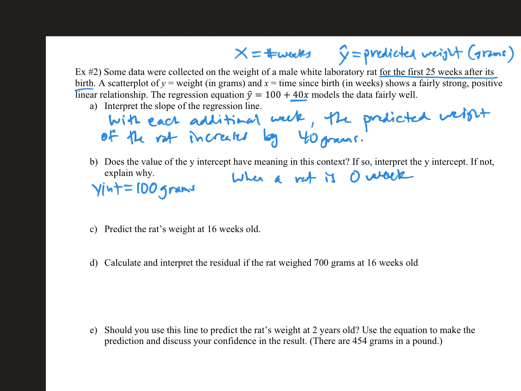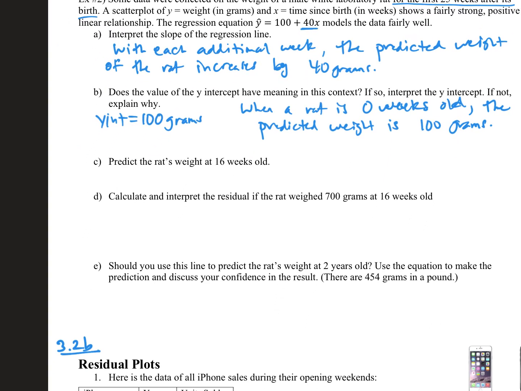So when the x value is 0, the predicted weight is 100 grams. Those templates are really good until you start to see it, and then it comes naturally, hopefully.